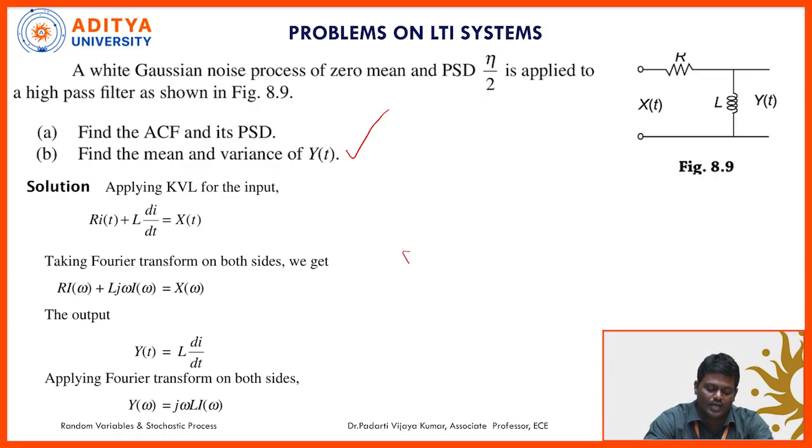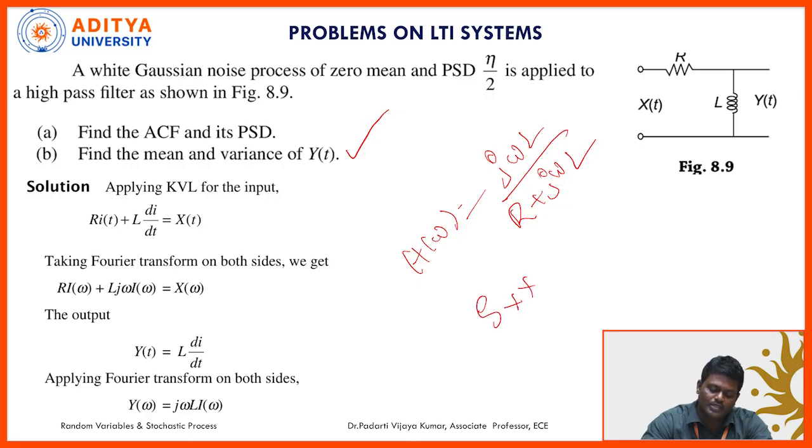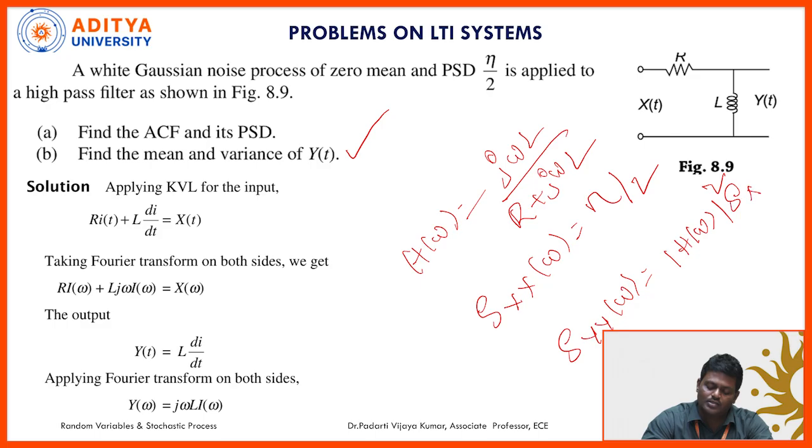And this problem is related to computing the mean and variance of the output. For this, H of omega we know, H of omega is equal to j omega L by R plus j omega L. Given input power spectral density Sxx of omega is equal to eta by 2. Syy of omega is equal to the absolute value of H of omega whole square into Sxx of omega.